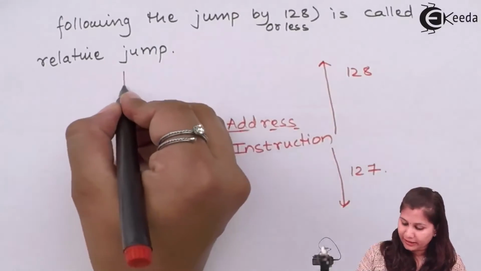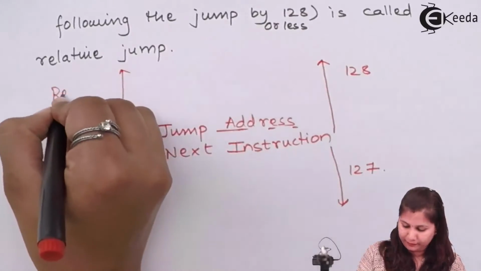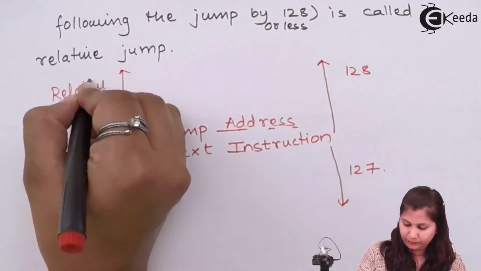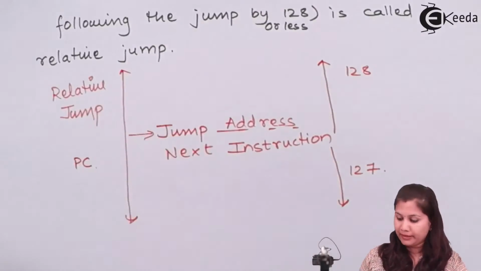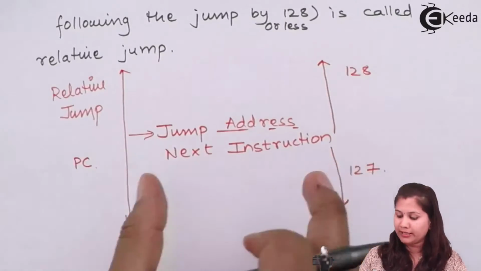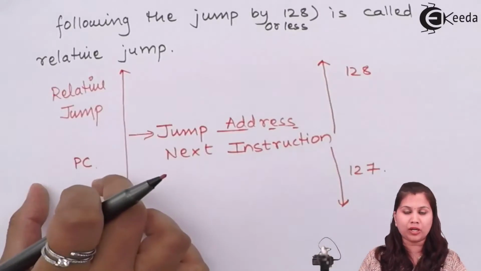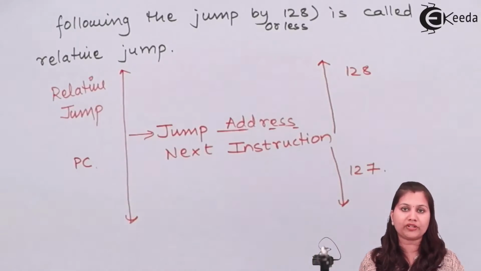So this is the range of the jump instruction. As this jumping of the program is relative to this next instruction memory address, that is why it is called the relative jump.